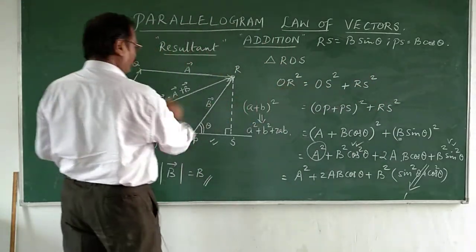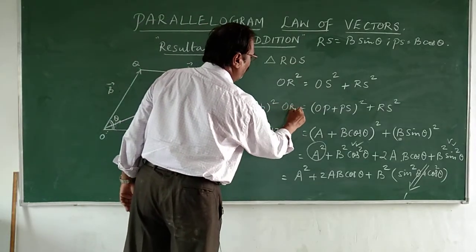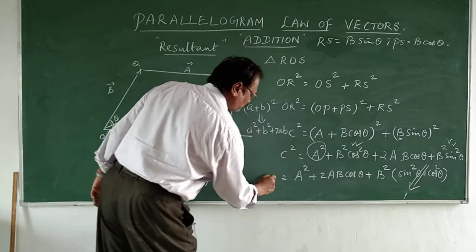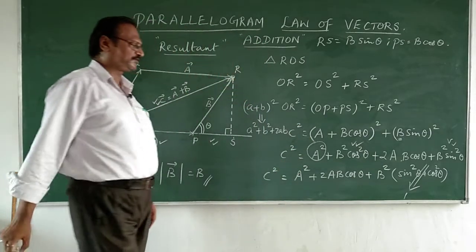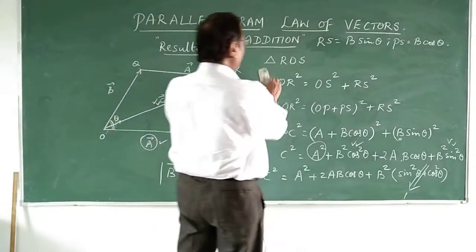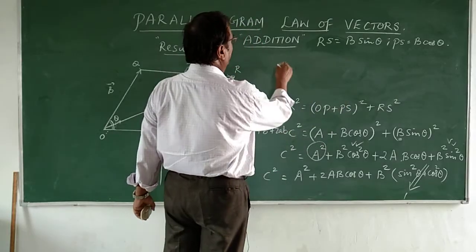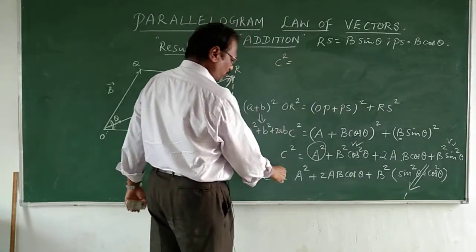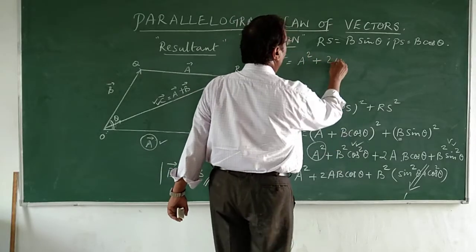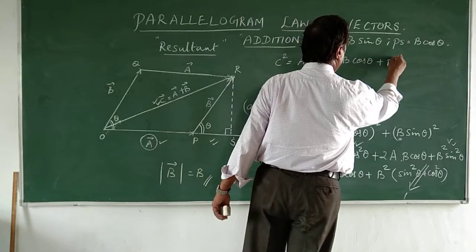Okay, so we have the total. What is OR? OR is nothing but C. So I can again write OR square, and I can start from here, C square. Let me erase this whole part of it, and we don't need all these things now. So we have C square is equal to A square plus 2ab cos theta plus b square.